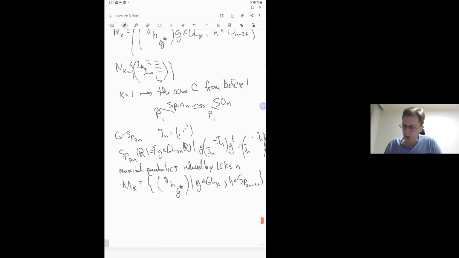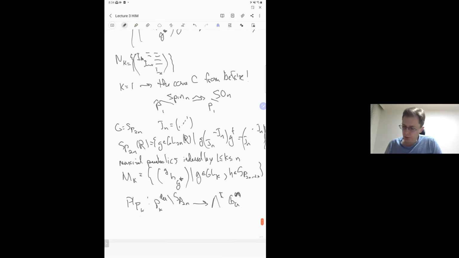All right, we again have this Plücker embedding from PK derived SP2N to wedge K GA N.